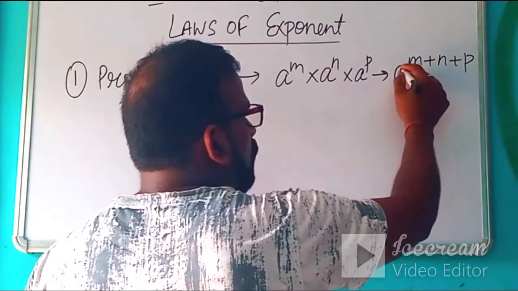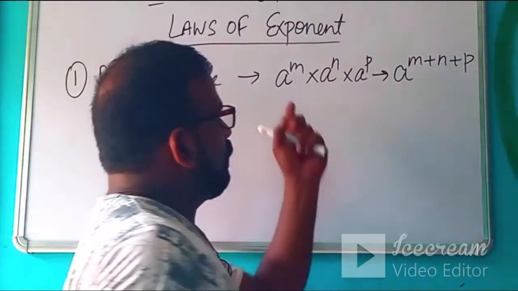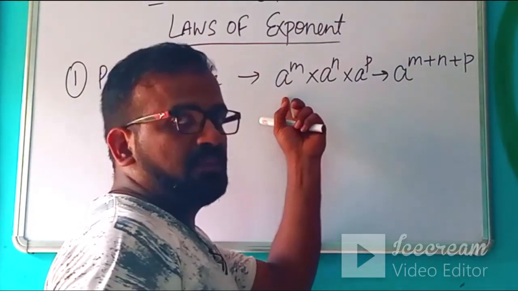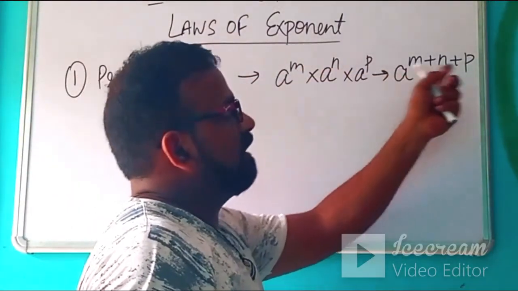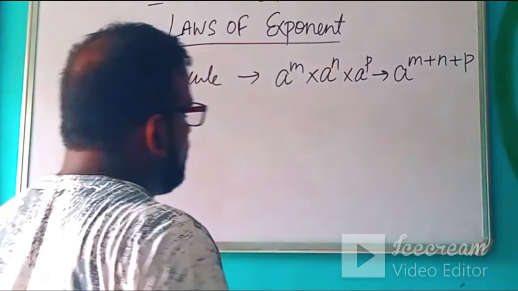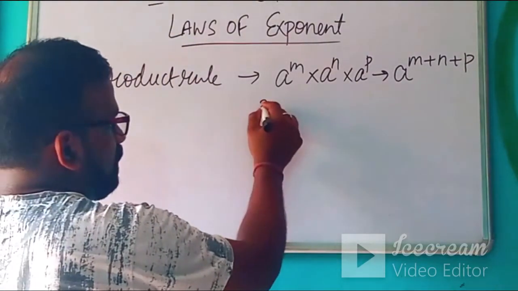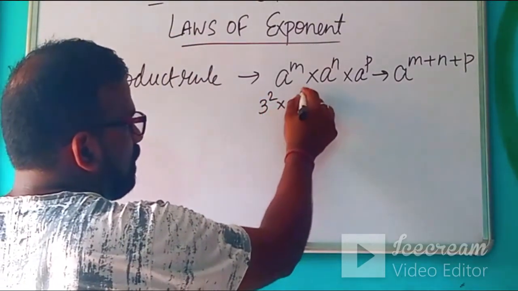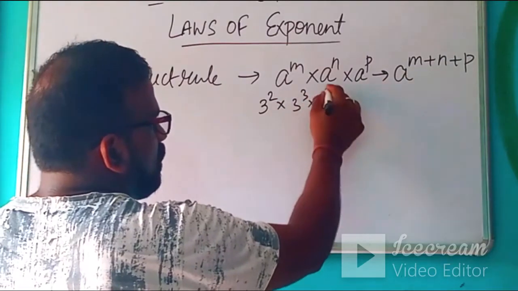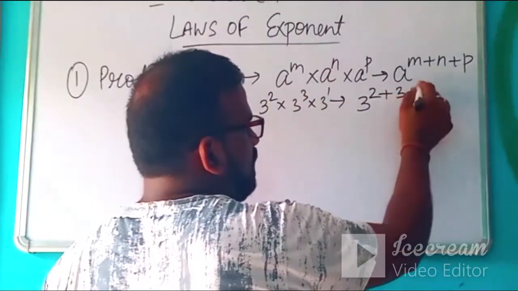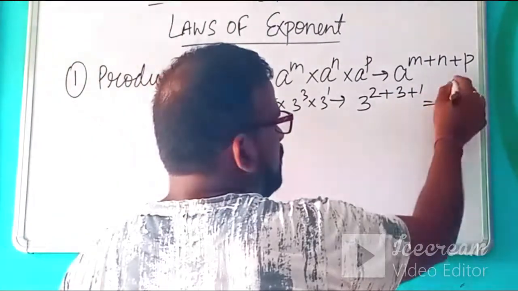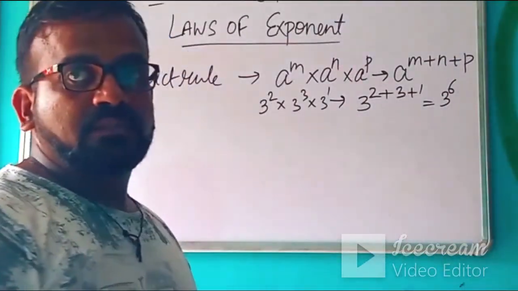You have to be careful with the base. If bases are same, then only you can add the powers. For example, suppose I write 3 to the power 2 into 3 to the power 3 into 3 to the power 1. In that case, we will simply add these exponents, so I will get 3 to the power 6.